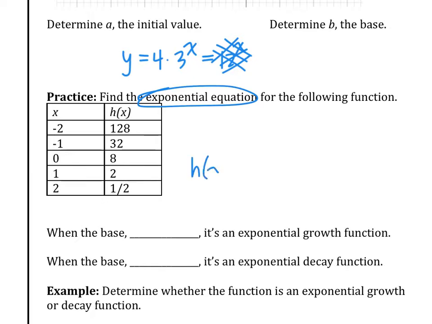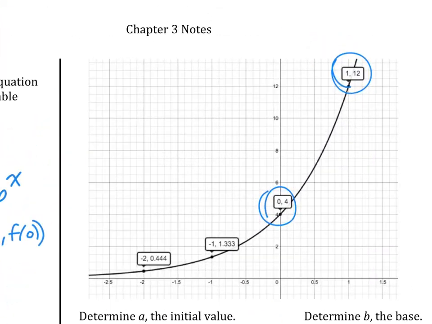Okay, h of x is equal to 8 times 1/4 to the x. Exponential growth or decay. So if you look at this equation here, as time goes on, as x gets bigger, is this function growing or decaying? Growing.